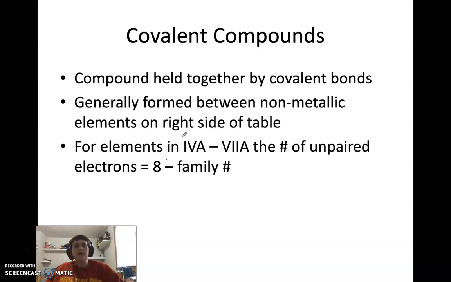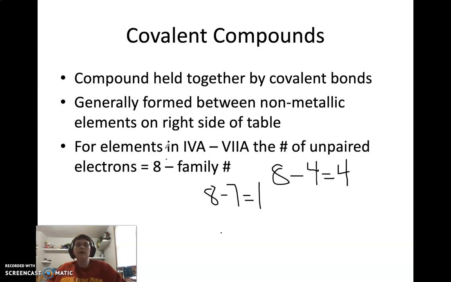So, for example, family 4: 8 minus 4 gives you 4 unpaired electrons. If you're looking at family 7, it's 8 minus 7, so it's going to have 1 unpaired electron. So this tells you how many unpaired electrons you've got.